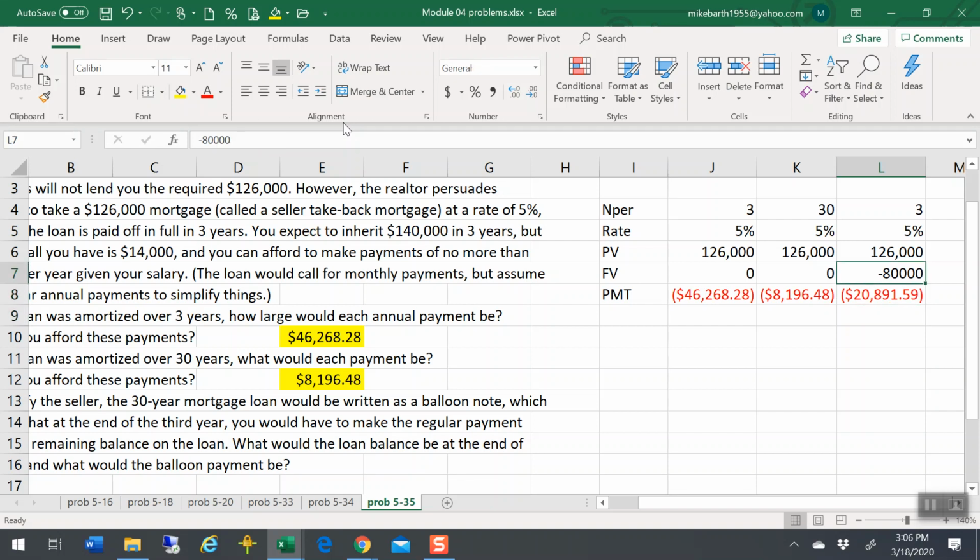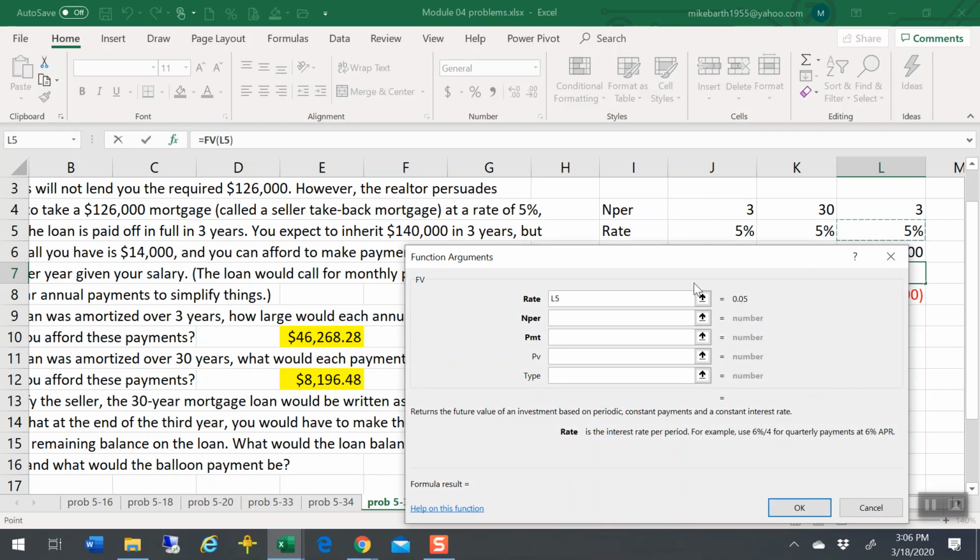Or another way of doing this, of course, would be to simply solve for the amount of the payment. If I can pay $22,000 a year, what's got to be the balloon payment at the end of the period?